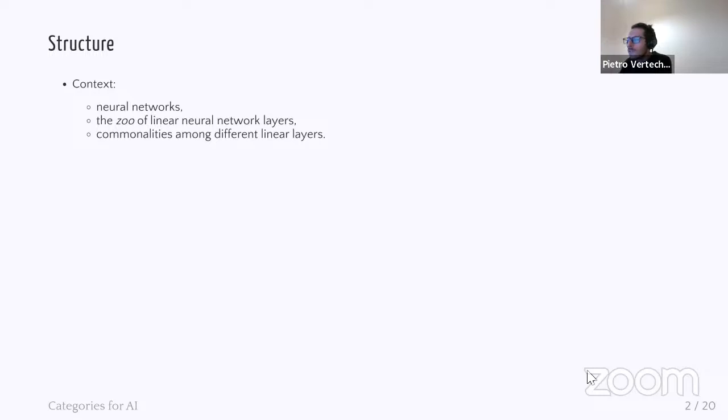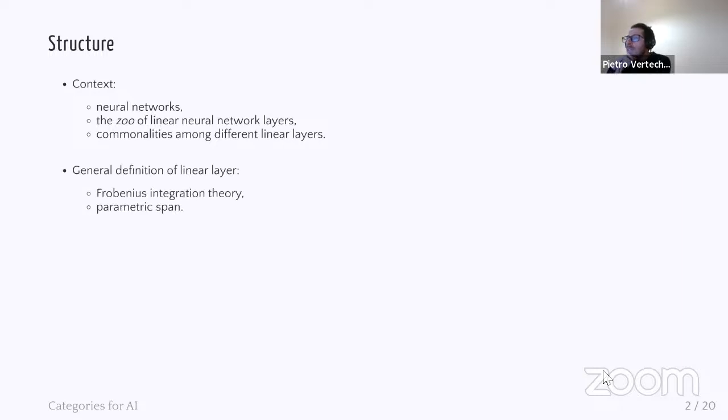In terms of structure of the talk, I will start by giving some context about neural networks in general. I will describe the zoo of different linear neural network layers, and I will try to emphasize the commonalities among the different linear layers.